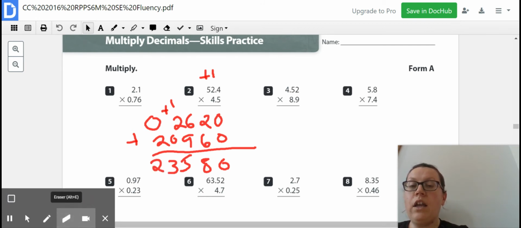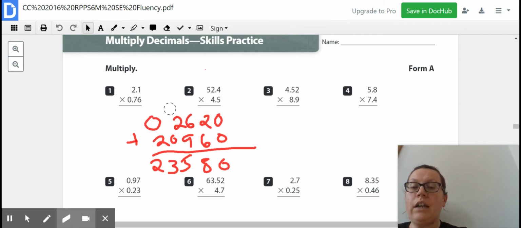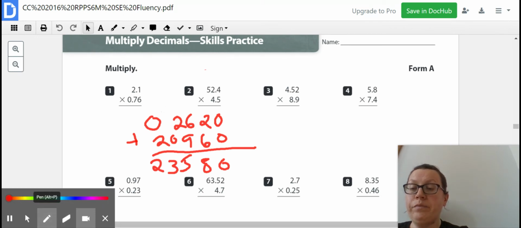All right. Now for our second step, again, we have to take a look at 52. And we know that the invisible decimal point is behind the 4, and they went over one time. And then we know that the invisible decimal point is behind the 5, and they moved it over one time.